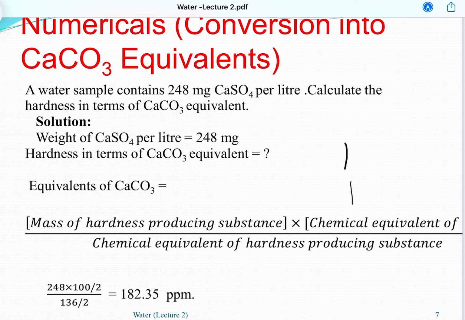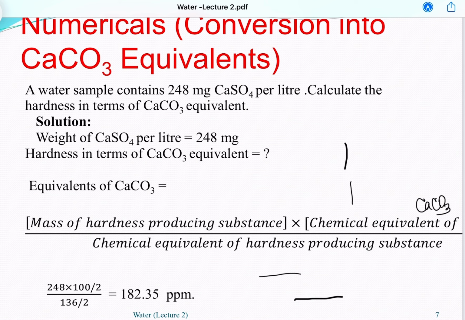We place the values in the formula which we studied earlier: mass of hardness producing substance into chemical equivalent of calcium carbonate divided by chemical equivalent of hardness producing substance.